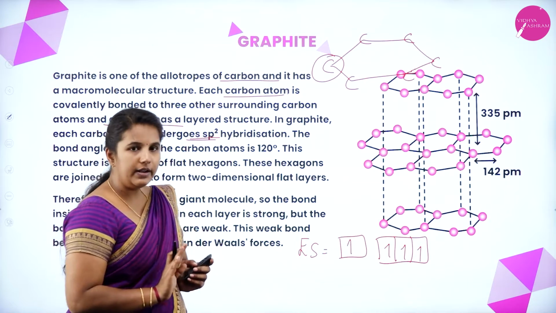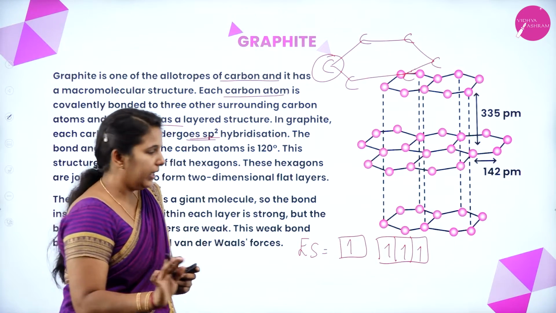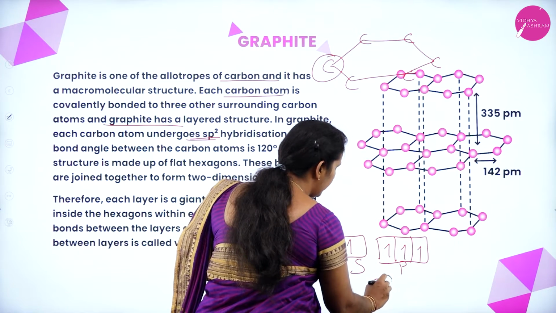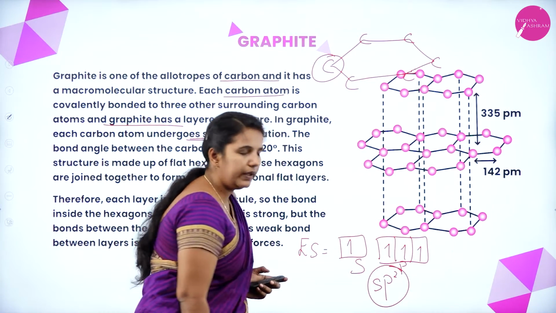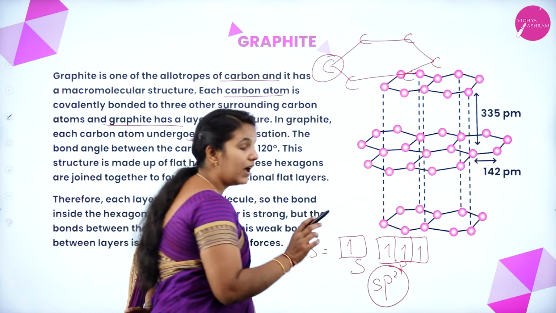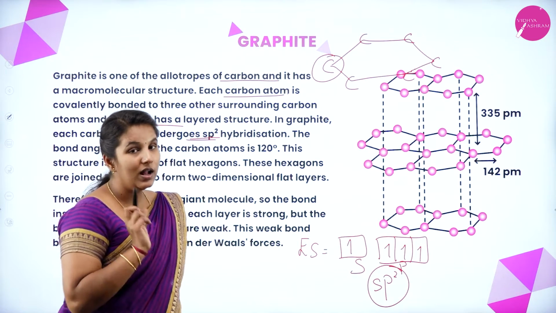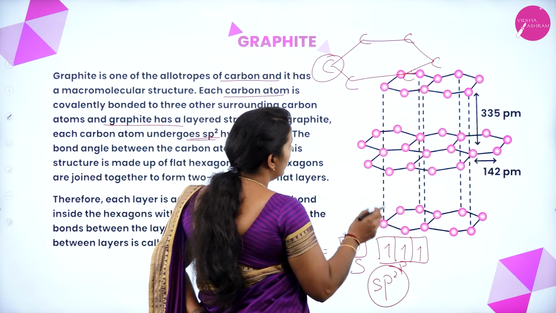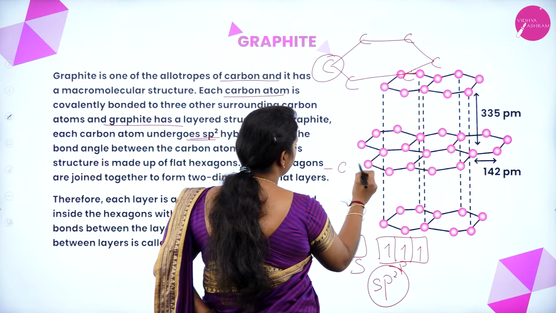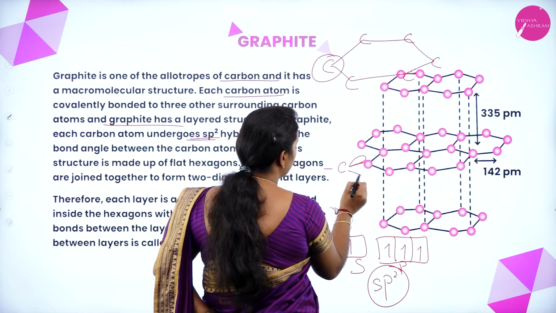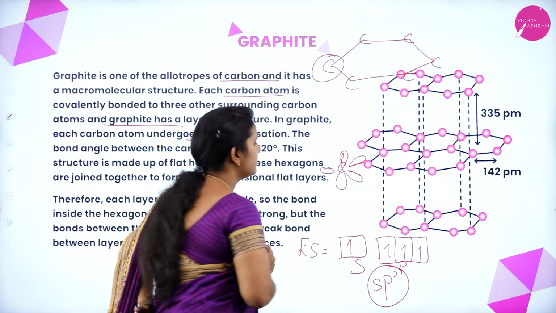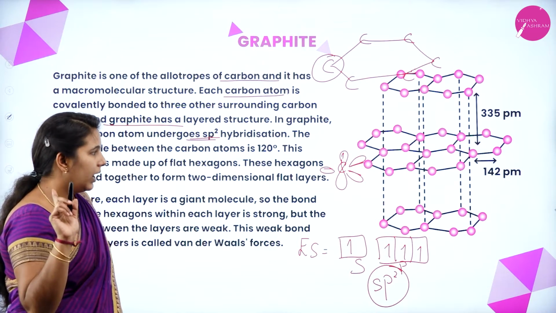But during the bonding, only one s orbital and 2 p orbitals are involved. Hence, it forms sp2 hybridization, whereas the remaining 1 electron remains unhybridized. That is why, while writing, we will write one of the electrons as unhybridized, like this.